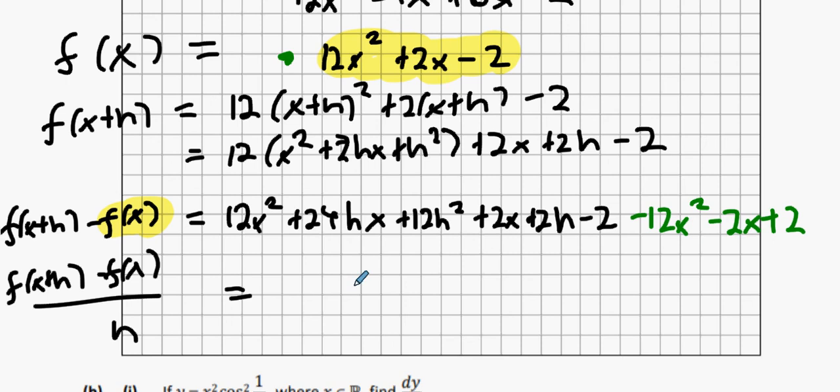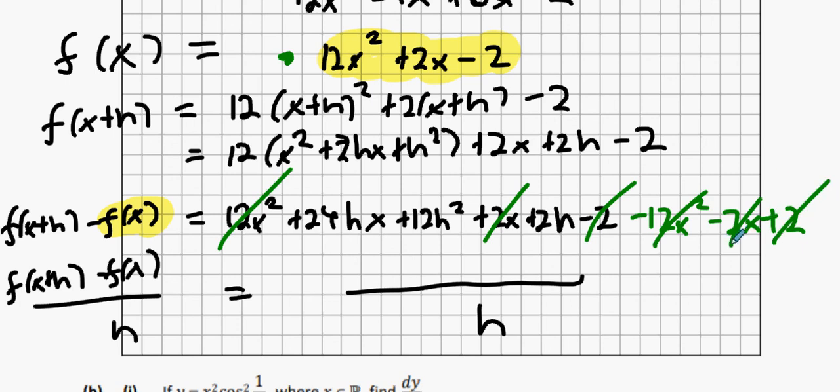Okay, so you're going to take the two of them away from each other now. You'll see the ones that cancel. That one will cancel that one. Anything without an h goes, essentially, and we're just left with the parts that have h in it.